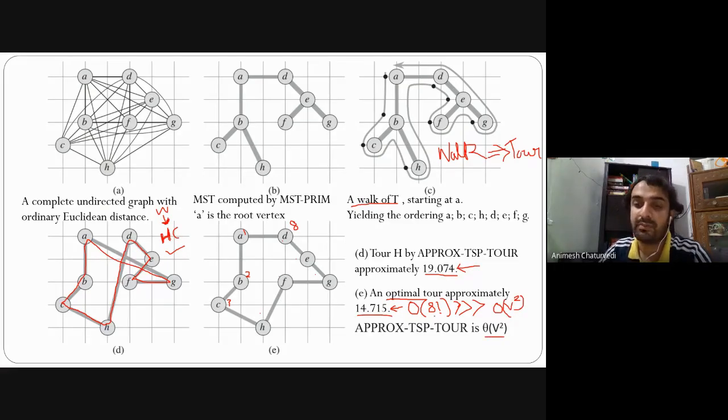So big O of 8 factorial is much larger compared to theta, meaning average time, of V squared. That's why you go for this approximate solution for big graphs and large graphs. For big graphs and large graphs, this would actually work.